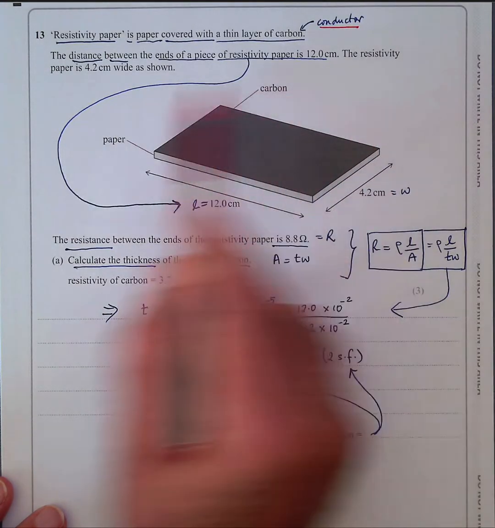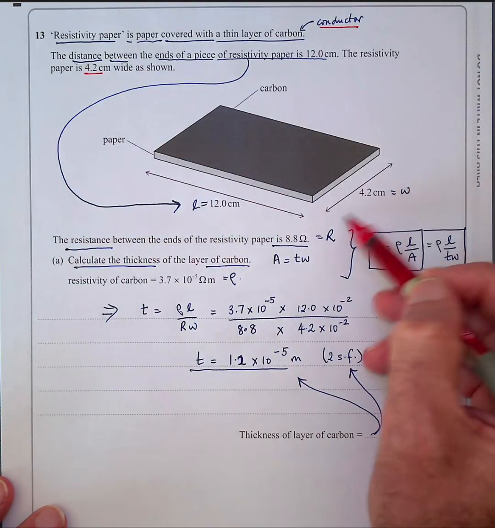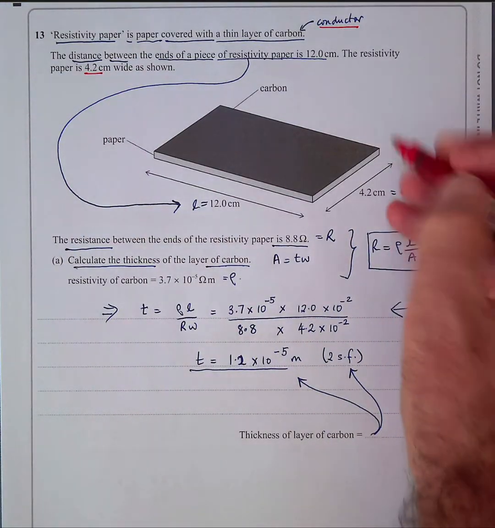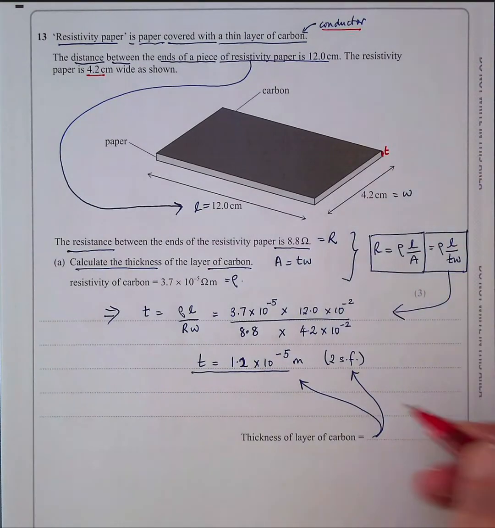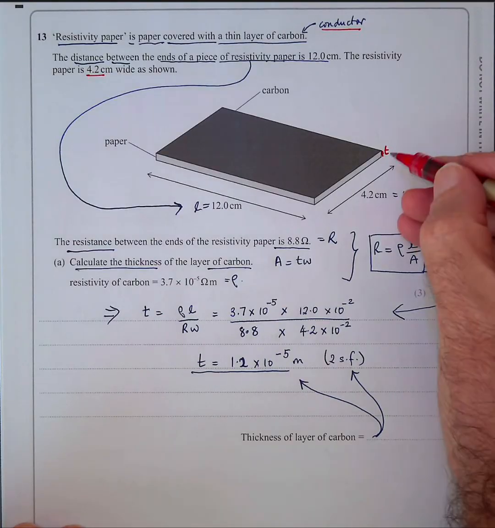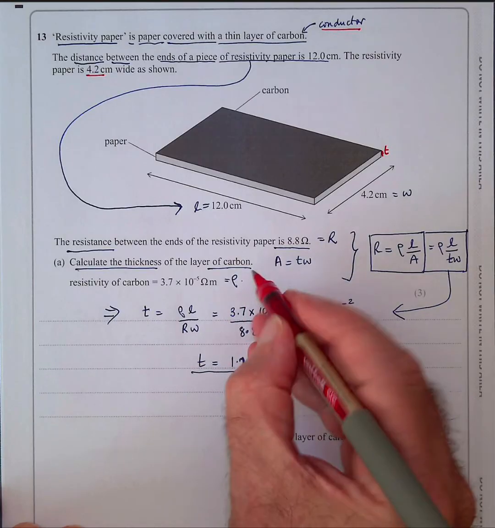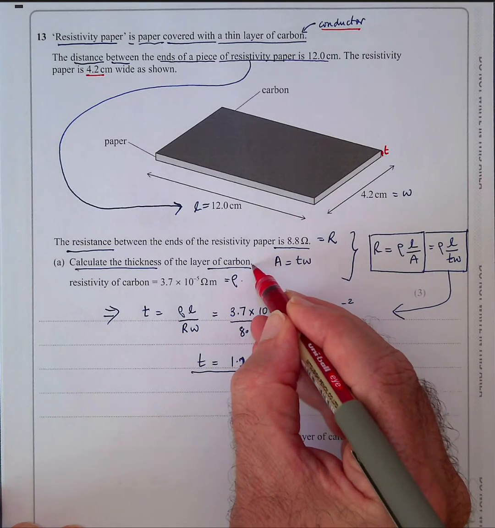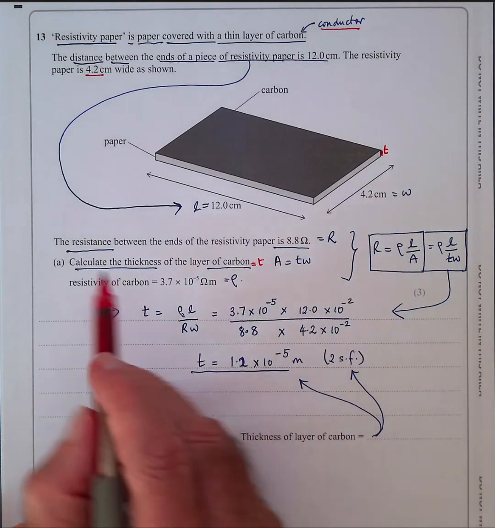The resistivity paper is 4.2 centimeters wide, so this is the width, and then it has a little thickness here as well. We're actually looking at the thickness of the layer of carbon, so T would be the thickness of the layer of carbon, so it may not be what I've drawn.